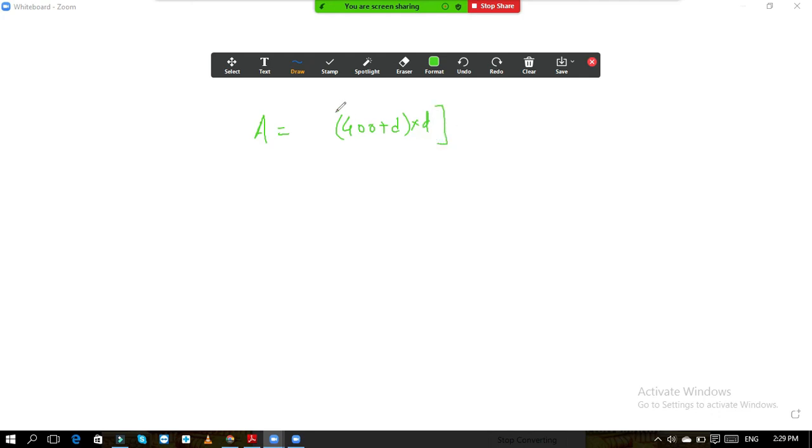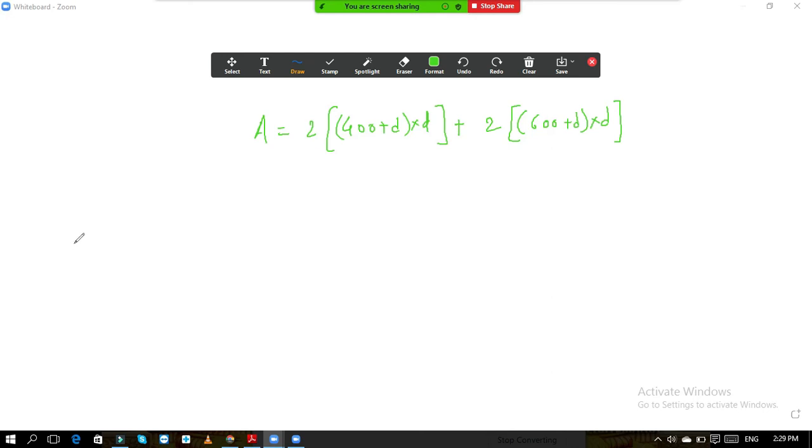We have multiplied this area by 2, so that A1 and A3 get covered. Then similarly the second area is 600 plus D into D. This is A2 and A4, so multiplied by 2. This is our total area from which you will get the shear resisted.